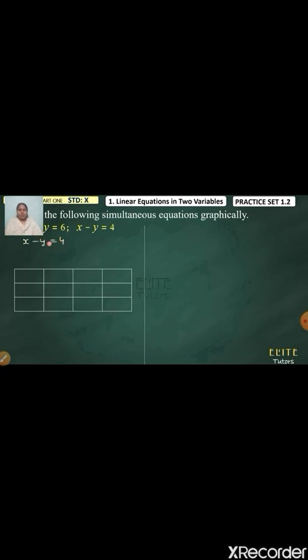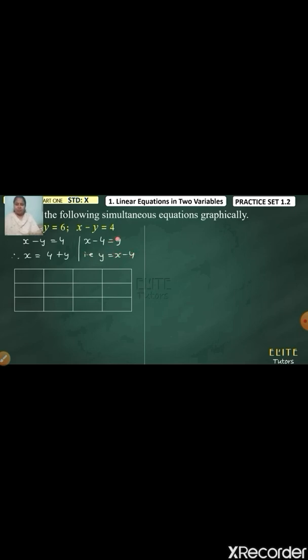As you can see, it is negative y. So what we will do as our first step is shift y that side, it will become 4 plus y. Now, I want the value of the variable y. So we will shift 4 to the left hand side. We get x minus 4 is equal to y, which is nothing but y is equal to x minus 4.